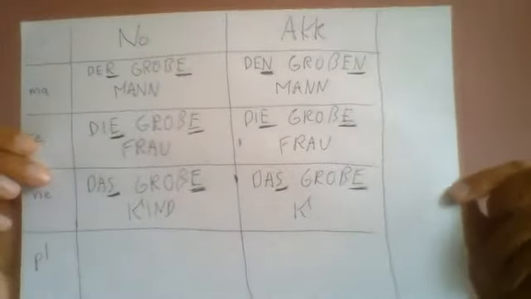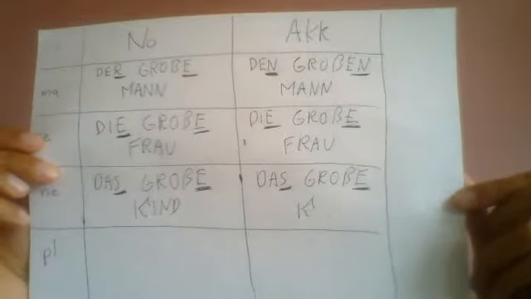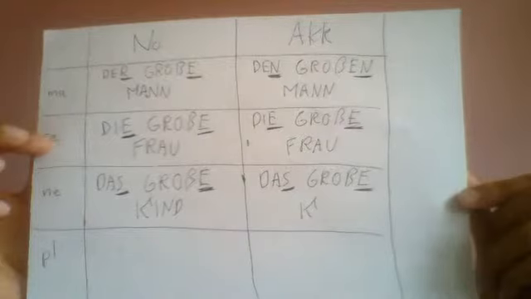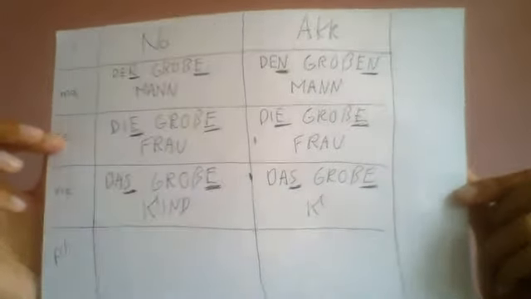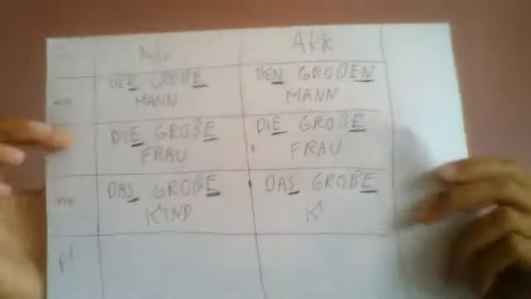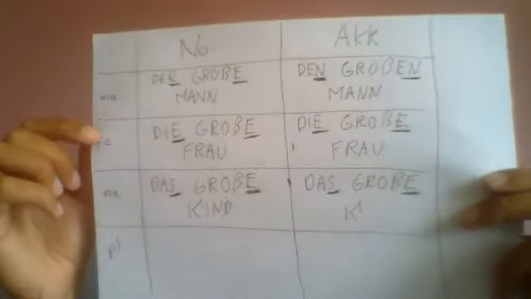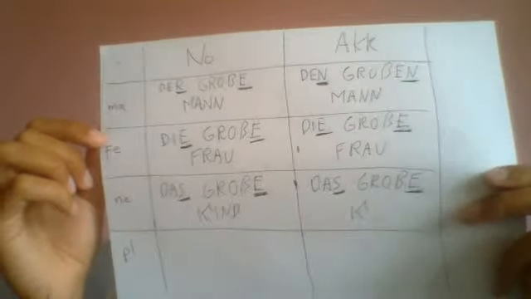So let's see the table. You have masculine nominative, der große Mann, feminin nominativ, die große Frau, neutral nominative, das große Kind, plural, I already explained it, okay? Accusative, masculine, den großen Mann. This is the big exception, okay?